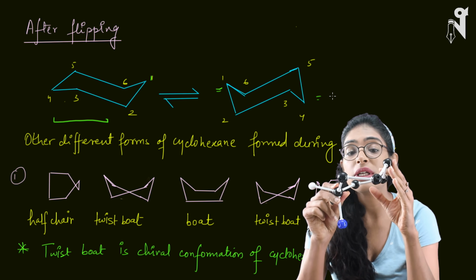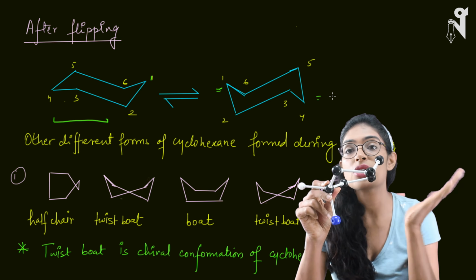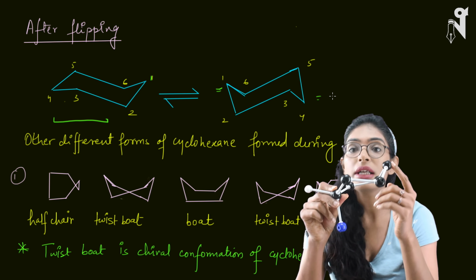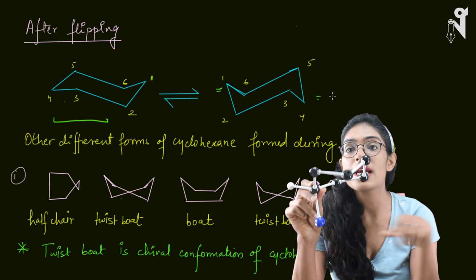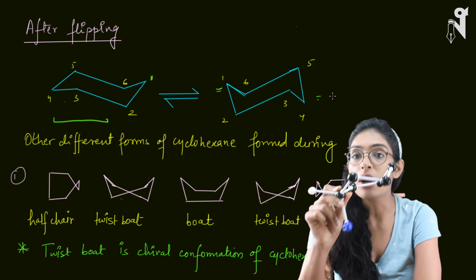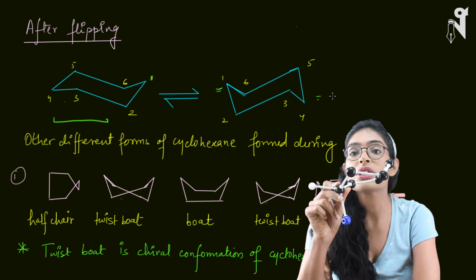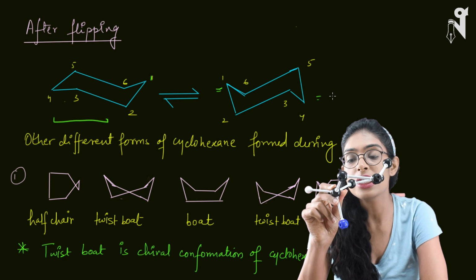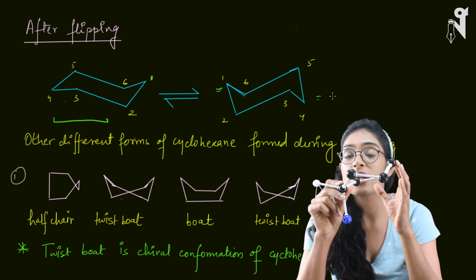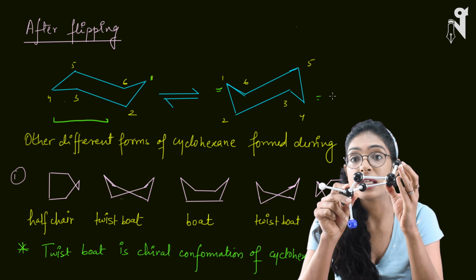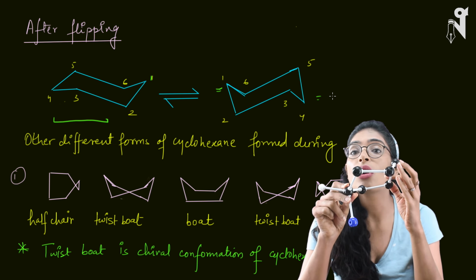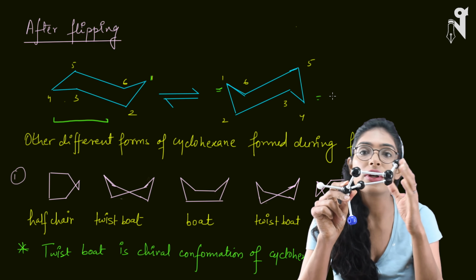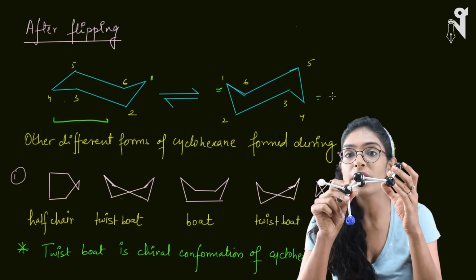Okay, so flipping does not only change headrest to leg rest and leg rest to headrest. Apart from that, there are multiple different states in between about which we'll be talking, which tell us the stability of the different conformers of cyclohexane. We also got to know from this flipping that after flipping, every carbon's arrangement varies a bit.